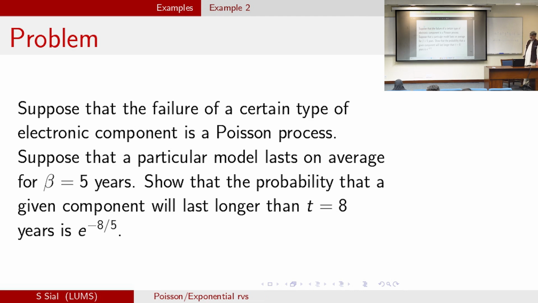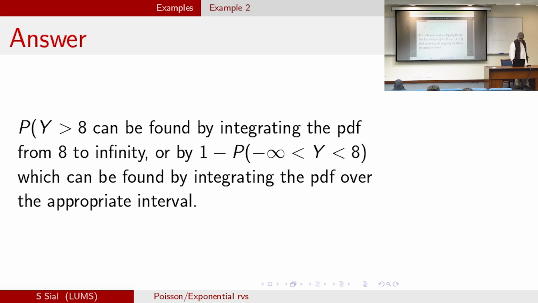Well, that'll be e to the minus 8 over 5. So the probability that y is bigger than 8, we can either integrate the PDF from 8 to infinity, an improper integral, or we can take 1 minus the probability that y lies between minus infinity and 8.